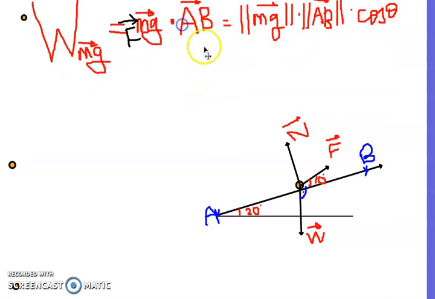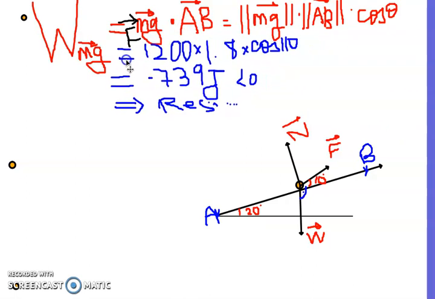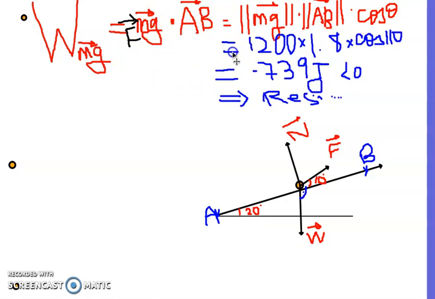Now, the weight magnitude is 1200 Newton times the magnitude of the vector AB, 1.8 meter, times cosine.